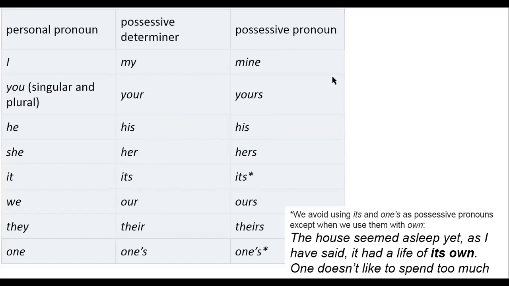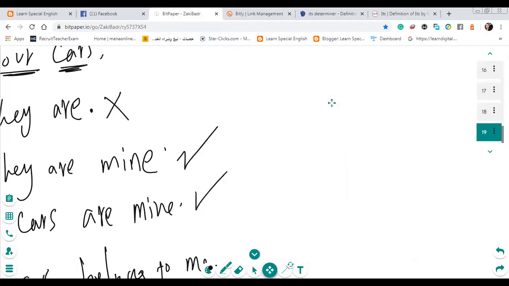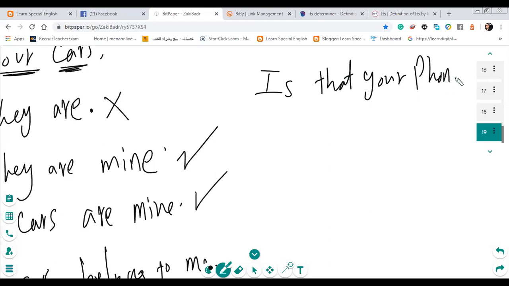Is this your car? Is it yours? So we can say it this way. Another example. Is this, or is that, as you wish? Is that your phone? Yes, it is mine.